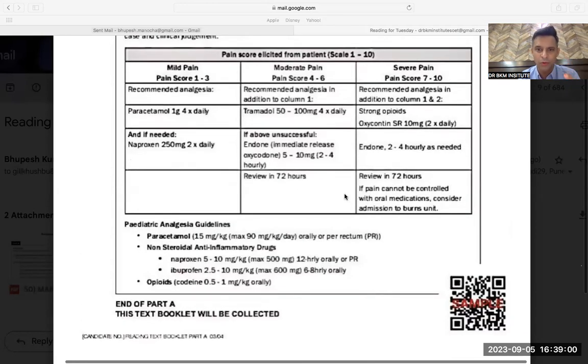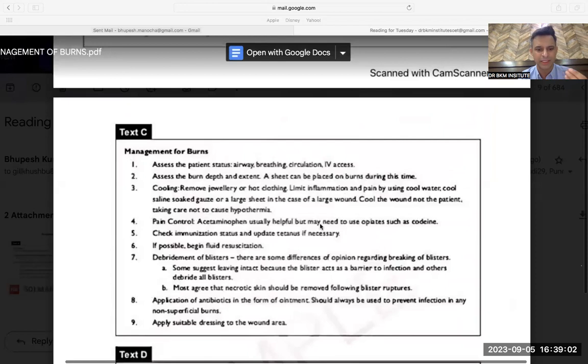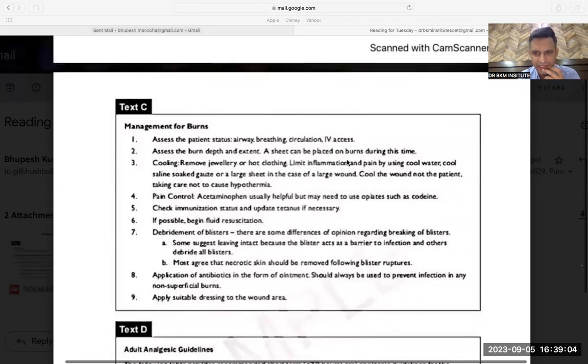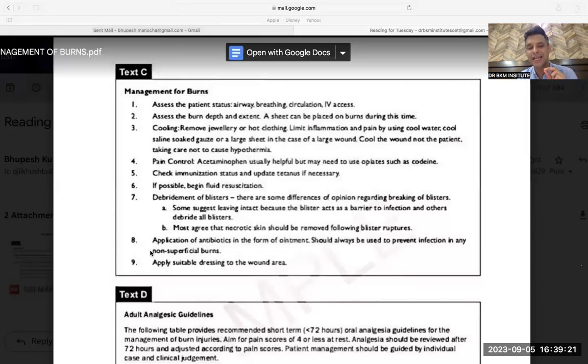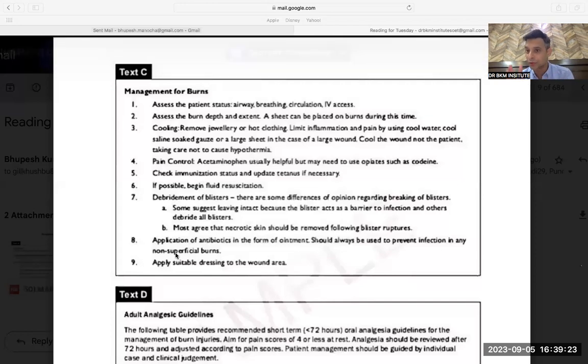This question can be wrong later on, but deeper burns again. See, non-superficial burns. That is application of antibiotics in the form of ointment. So here is my answer. Antibiotics should always be used to prevent infection in non-superficial burns. Again, only 3 or 4 questions would be this way.